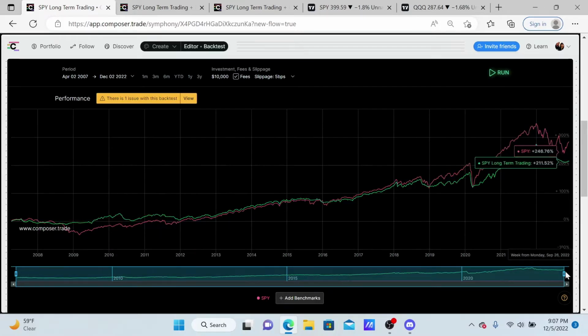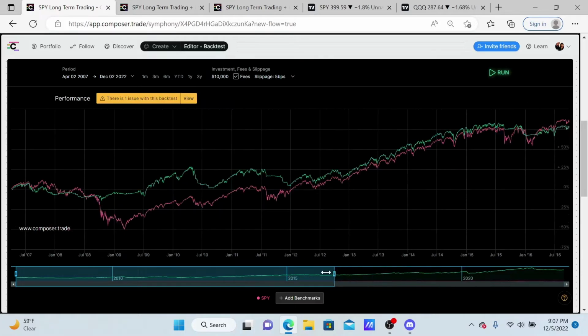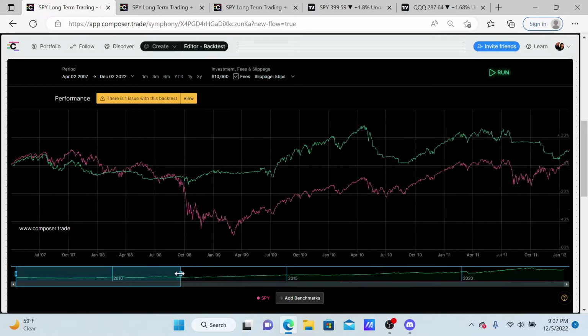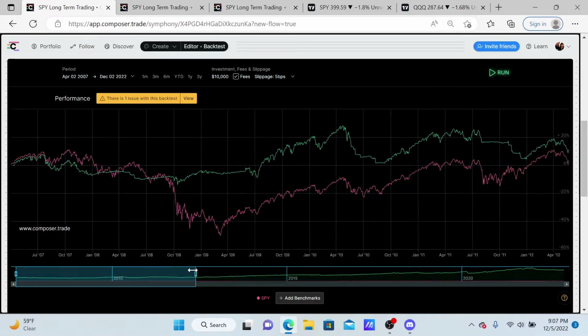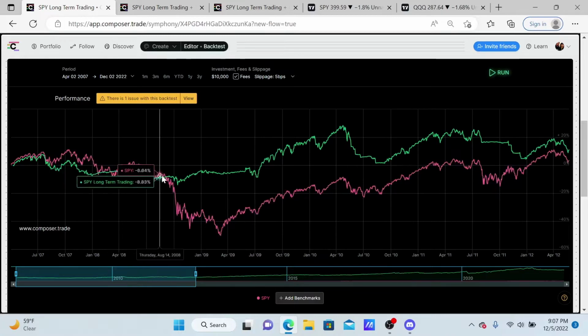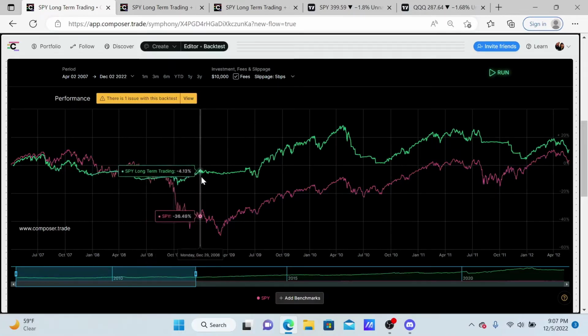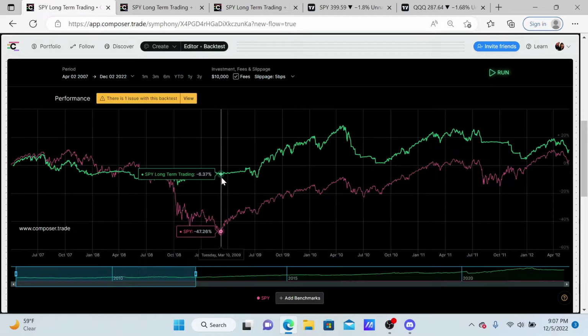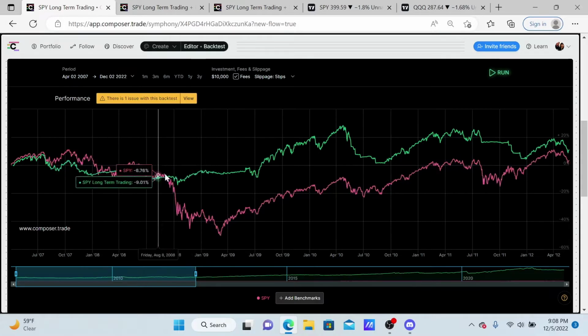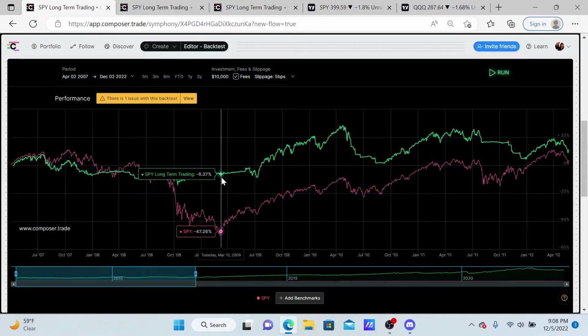So if I zoom backwards here and go to the crash of 2008, you can see that we pretty much avoided the most violent drops in the market while the SPY continued to sell off. So we lost a little bit, but we didn't lose nearly as much as buy and hold.